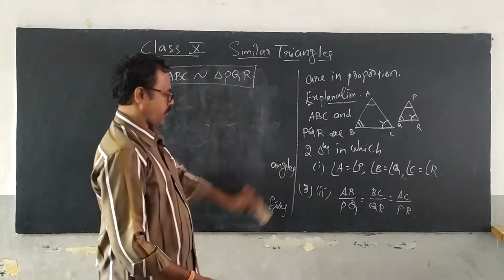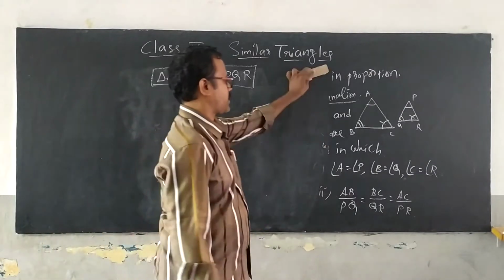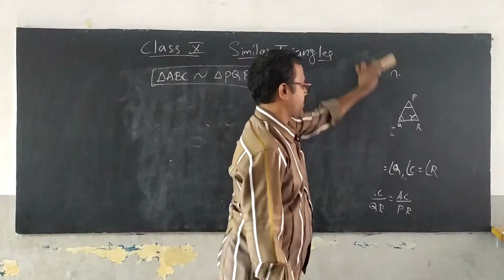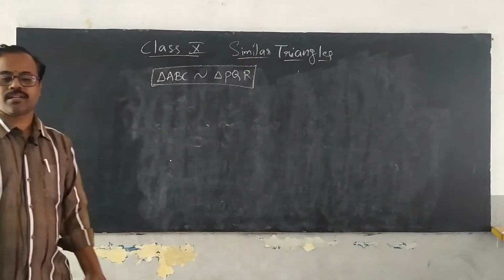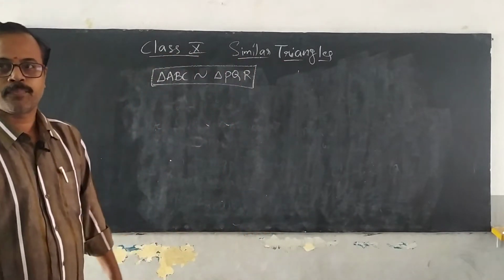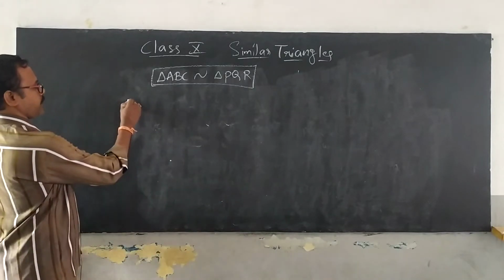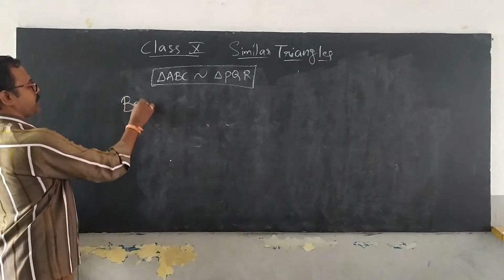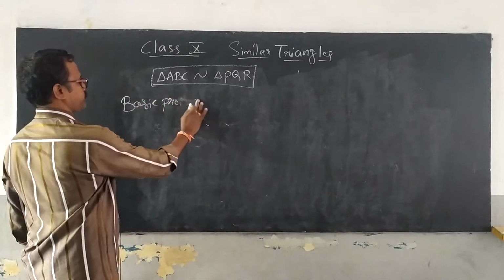After this one we learn the most important theorem, and it is called the basic proportionality theorem.